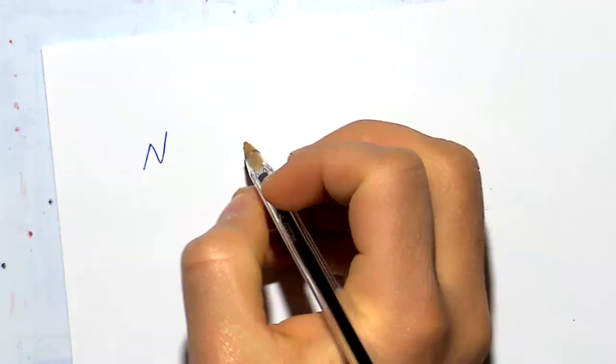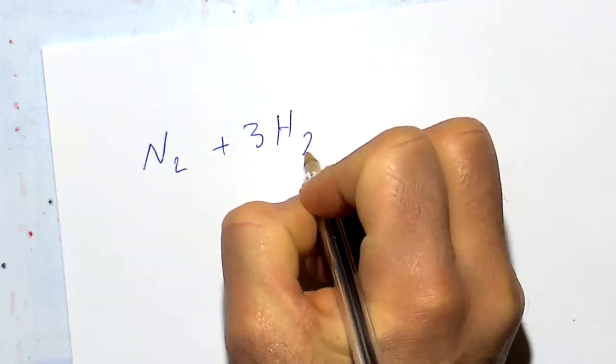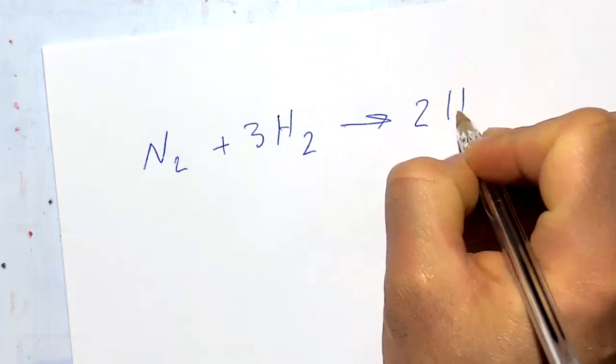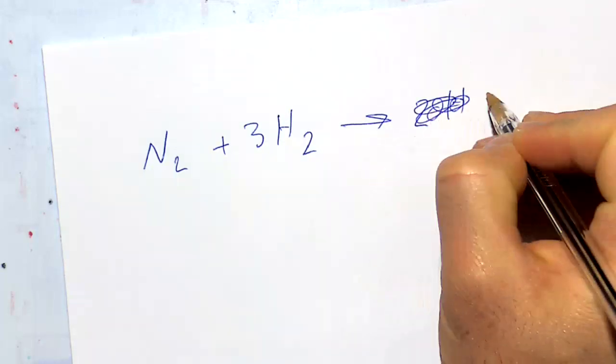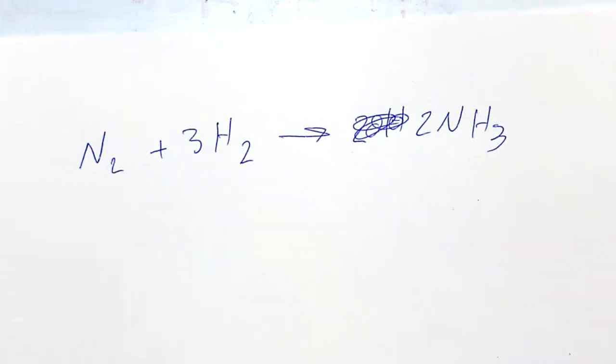So, you have N2 plus 3H2 turns into 2NH3. So why do you think a higher pressure will gain a higher conversion rate? You can see that, right?